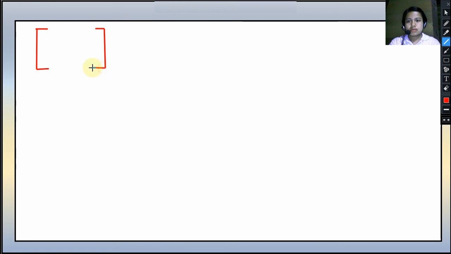Now let's give another example. If we have a 2 by 3 matrix, we just input the entries of our matrix here. We have 1, 2, 3.